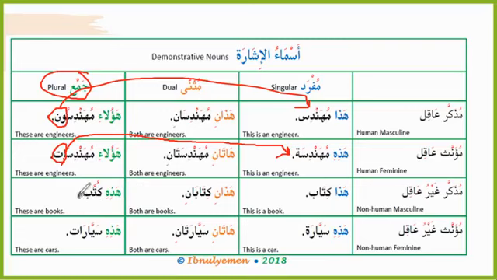هذه كتب. Now we're not going to say كتبون, because this is غير عاقل, not thinking, non-human, masculine. So you're just going to say هذه كتب. And this is actually in اللغة العربية called جمع تكسير, where it goes back to the original word كتب, the original root, and you're just changing it to kutub.